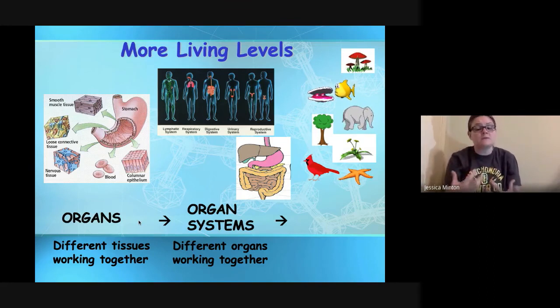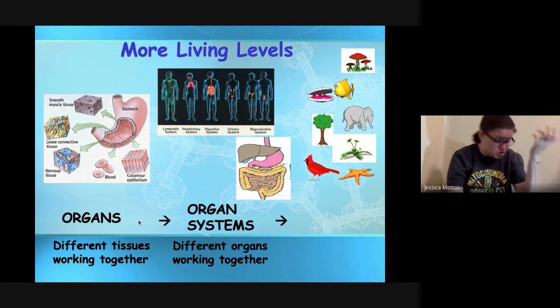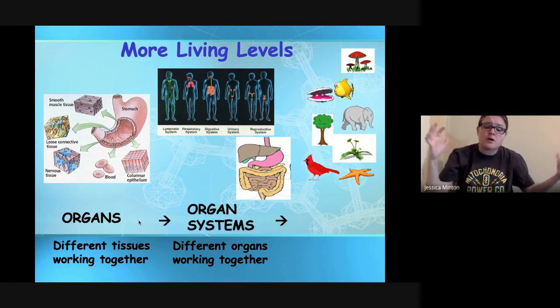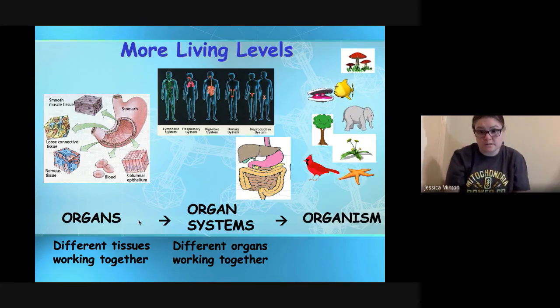But I can't live with just a digestive system or just being able to breathe without all of these other systems. So I put all of this together and I get the actual organism itself.